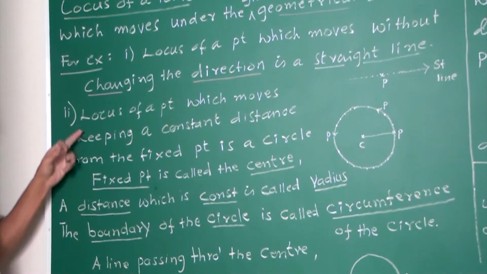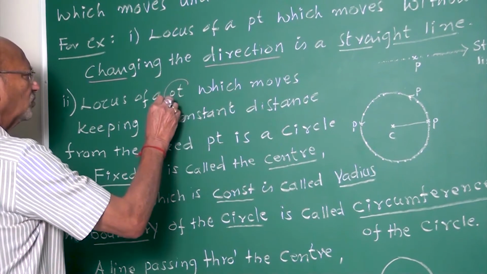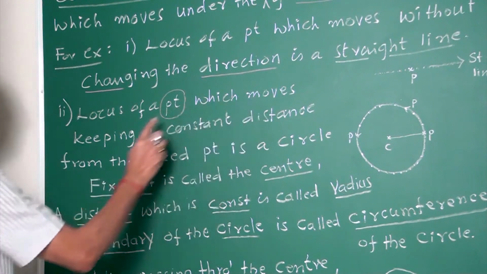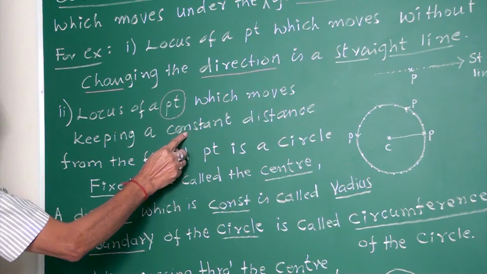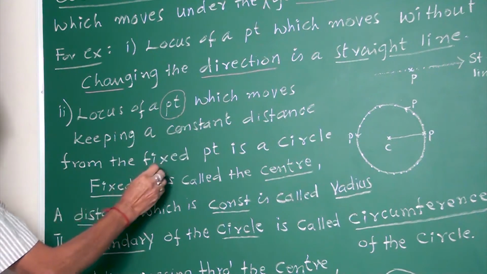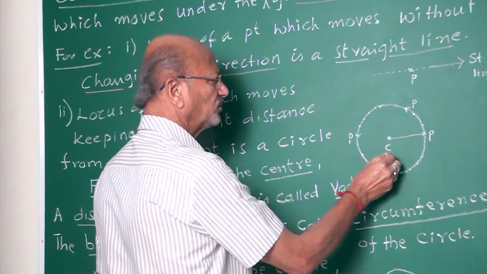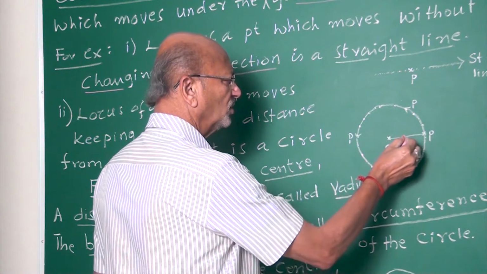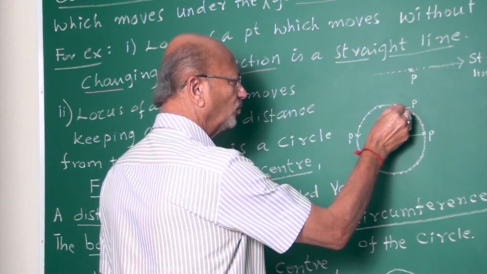Second example: locus of a point which moves keeping a constant distance from the fixed point. This is the fixed point, and this is the moving point. This point moves keeping this distance constant wherever it goes.